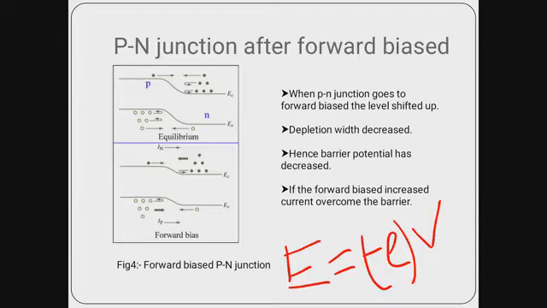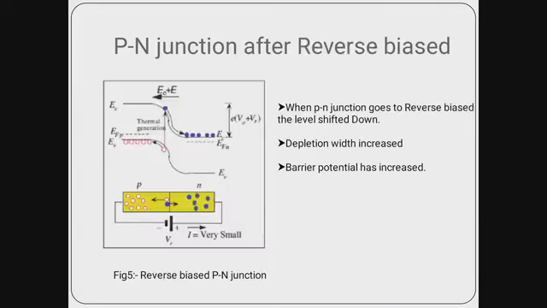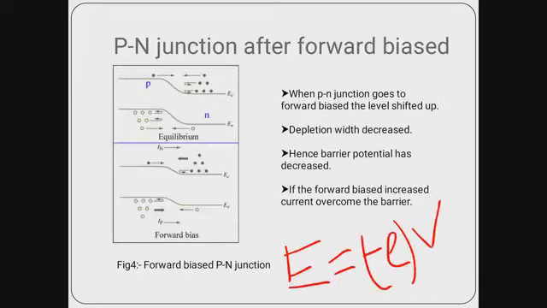So after migrations, what will happen? I discussed it earlier. Now here, due to applying this forward bias, the P terminal is positive and the N terminal is negative. So what is happening here?